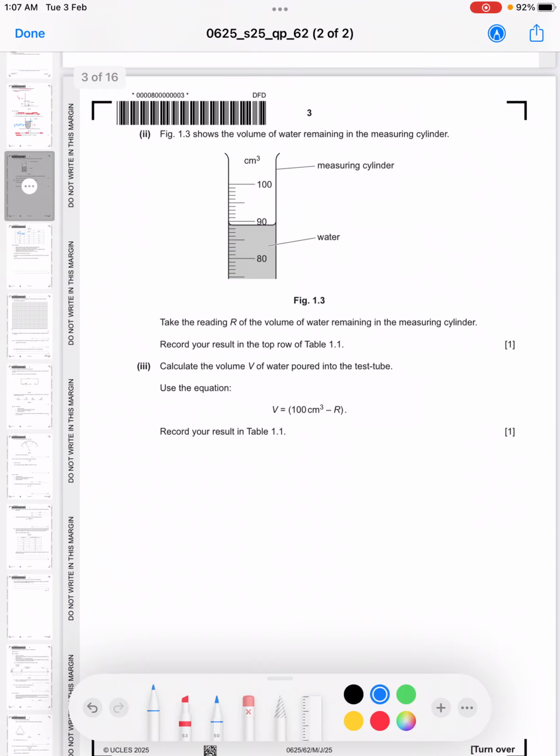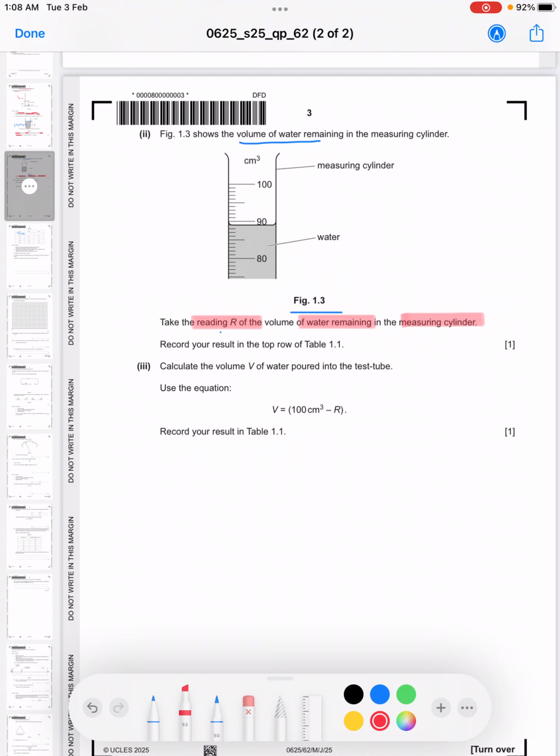Now move to the second part. Figure 1.3 shows the volume of the water remaining in the cylinder. We need to take the reading R of the volume of the remaining water in the measuring cylinder.